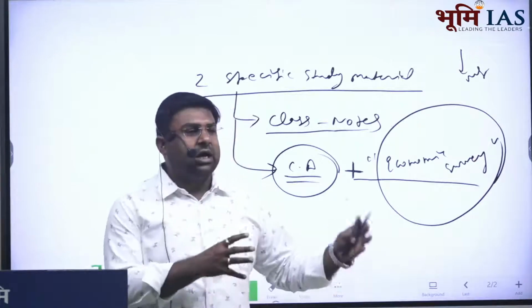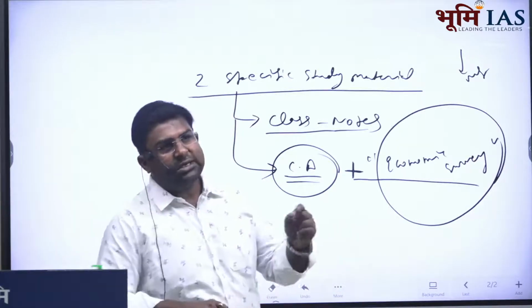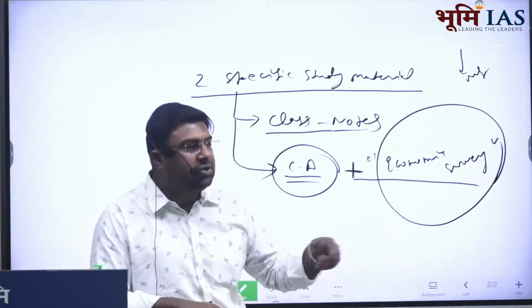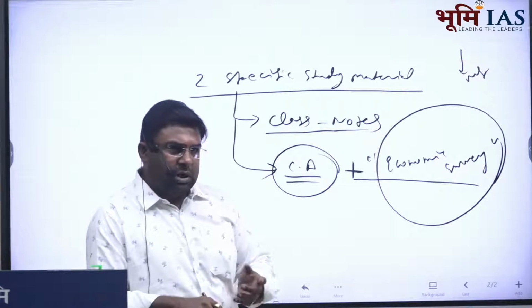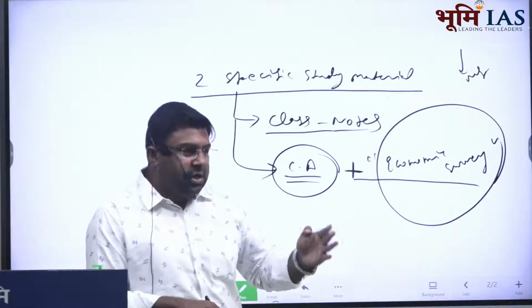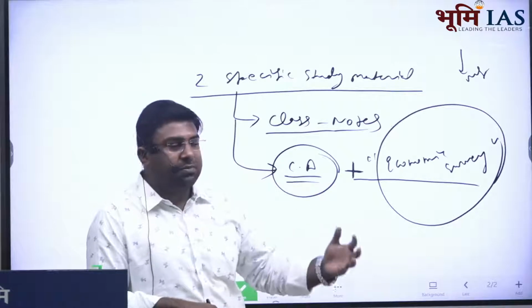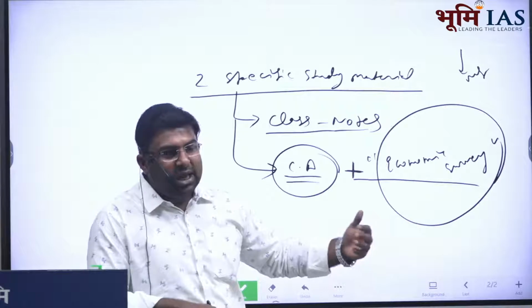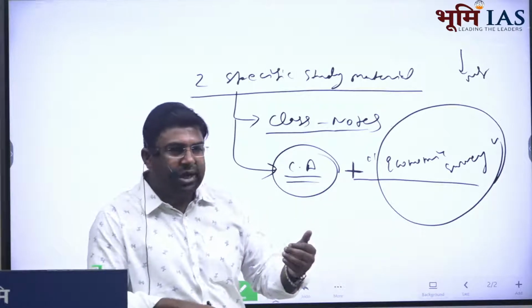of India's current account. They mention a statement and ask your opinion whether that statement is correct or incorrect. If I'm not wrong, the statement was India's current account has been in surplus since the last 4 years. And they ask whether that statement is correct or not.